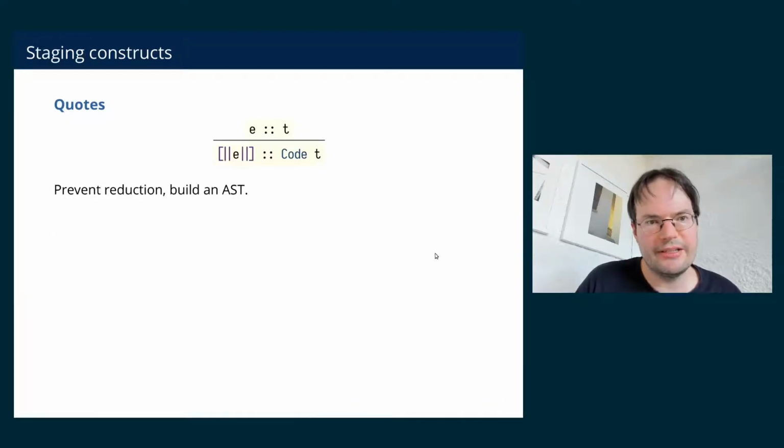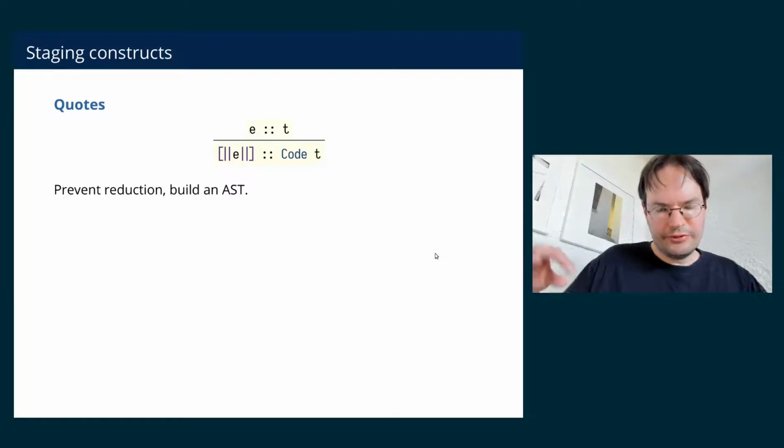So what do we get from typed template Haskell? One thing that we do get is a typed quote construct. So if we have an expression E of type T, we can surround it in these quotation brackets, and then we get an expression of type code T. And the idea is that there's no reduction within the quotes.